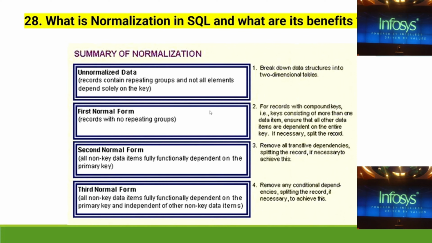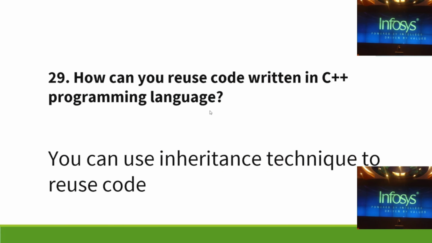And the first normal form is records with no repeating groups. These are the concepts in SQL. These types of questions are mainly asked for CSE and IT students. And the next question, the 29th question: how can you reuse the code written in the C++ programming language?